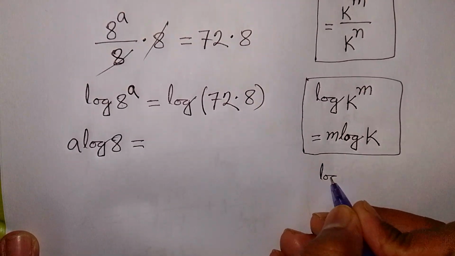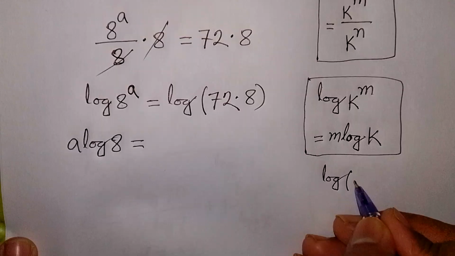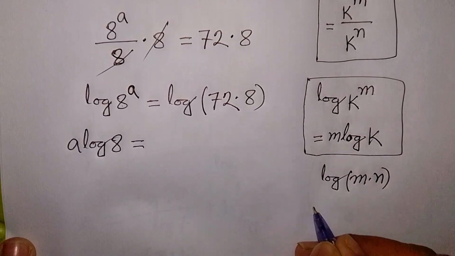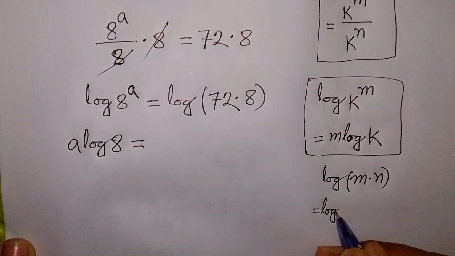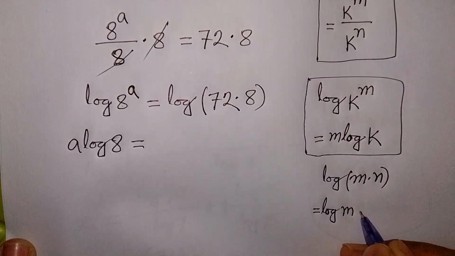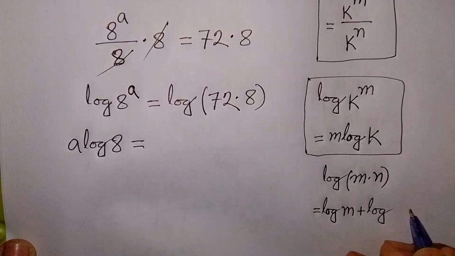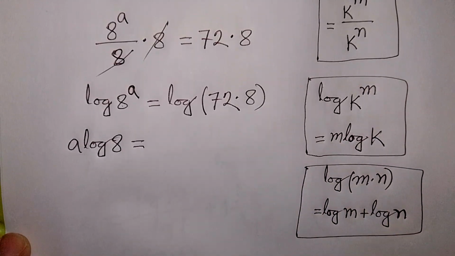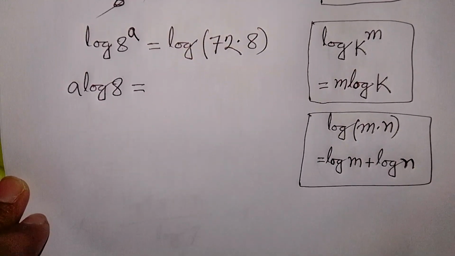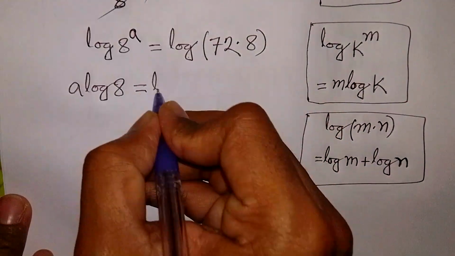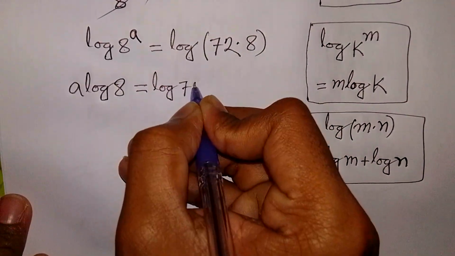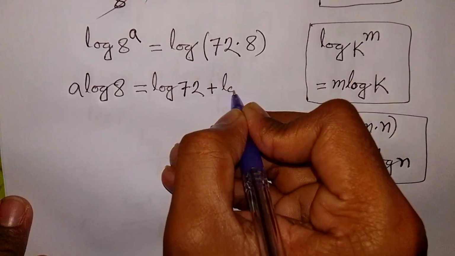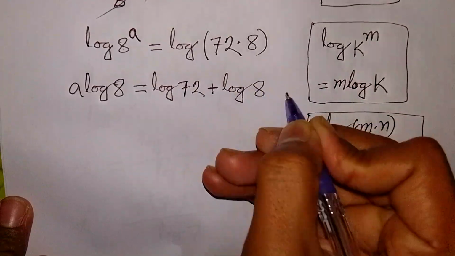So I apply this formula, log of m times n is equal to log m plus log n. So it will be log 72 plus log 8.